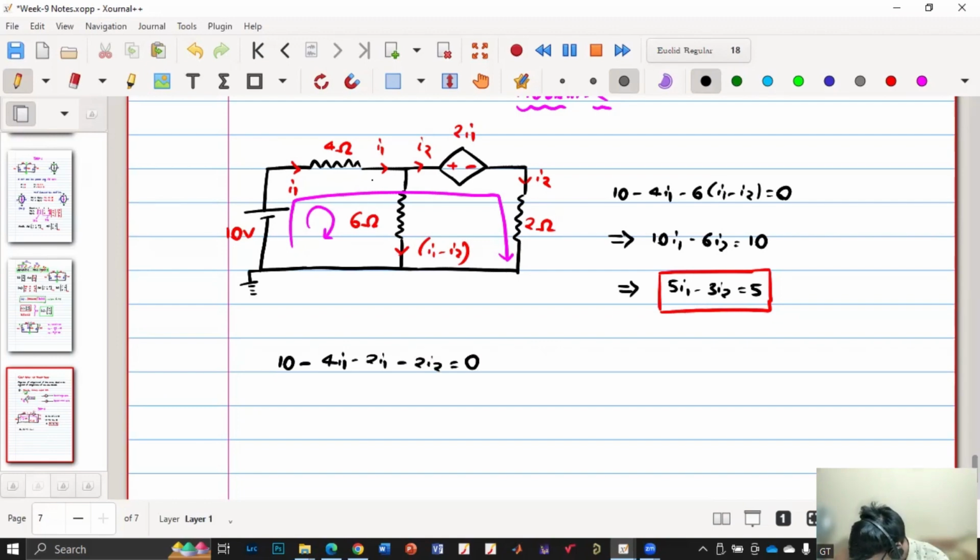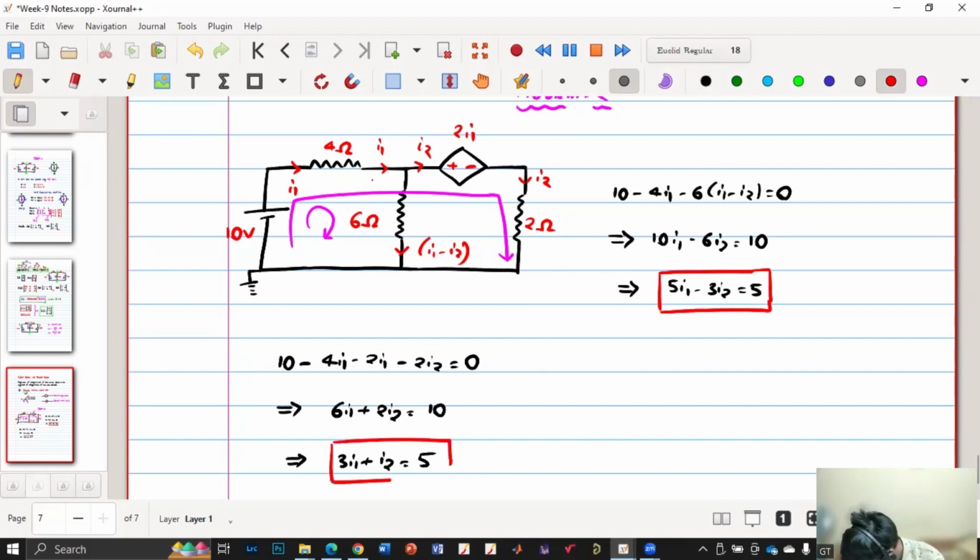So we'll get 6I1 plus 2I2 equals 10, or 3I1 plus I2 equals 5. So this is our two equations with two unknowns. Say this is equation 1 and this is equation 2.